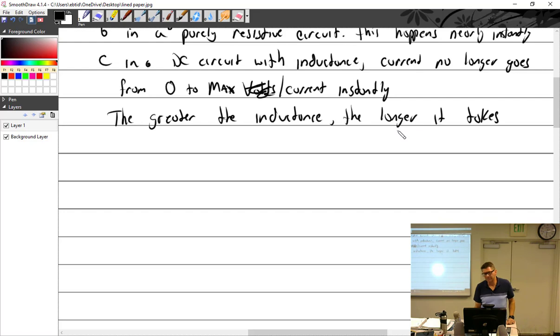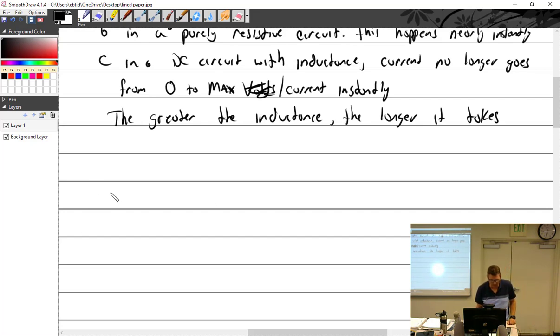So it takes longer. Well, how much longer? How do they figure this out? The amount of time it takes is 5 time constants. Now, that's not how many seconds. It's 5 time constants. Then you can add the seconds in later.